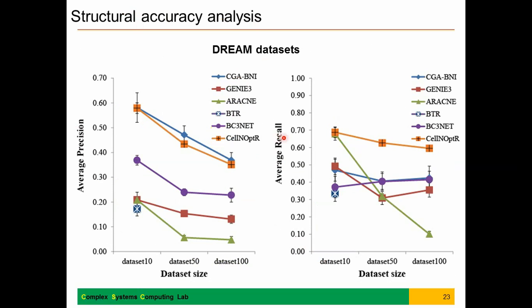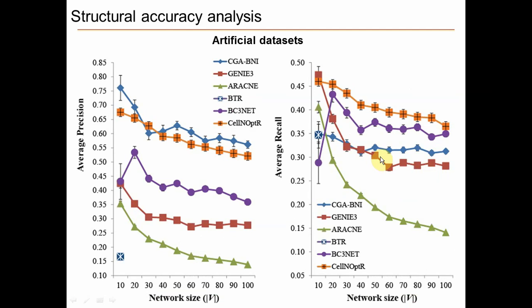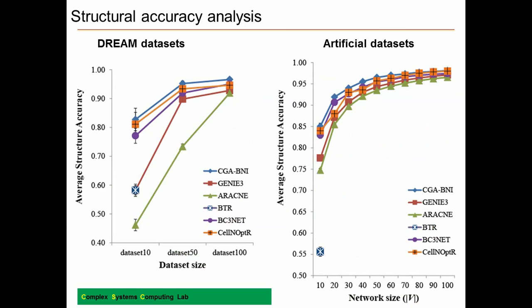For the recall value, our method shows the second highest value in the gene dataset and the third highest in the artificial dataset. And for the structure accuracy, our method shows the highest structure accuracy on both the gene and artificial datasets.